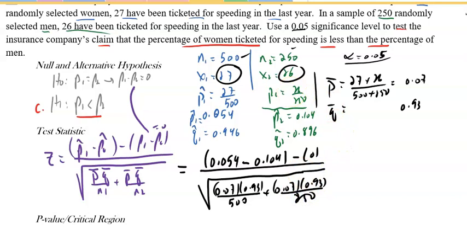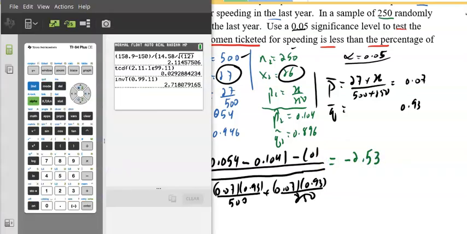If I plug all of this in my calculator, that turns out to be negative 2.53.